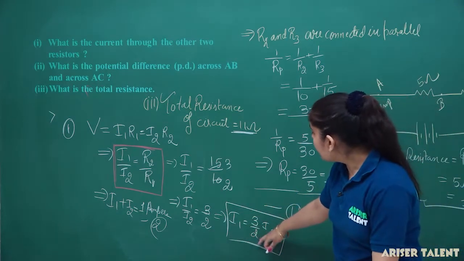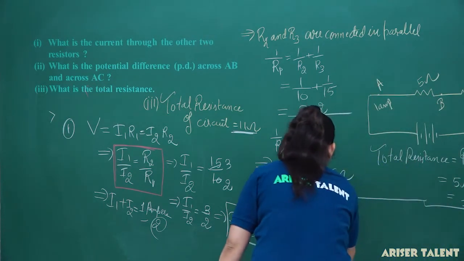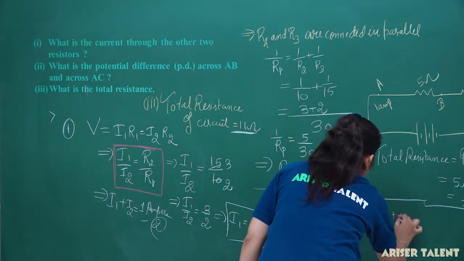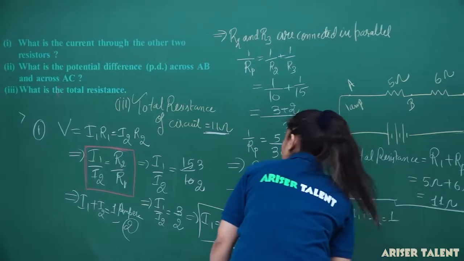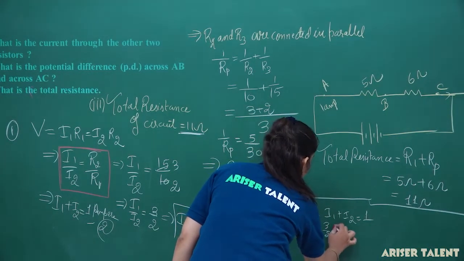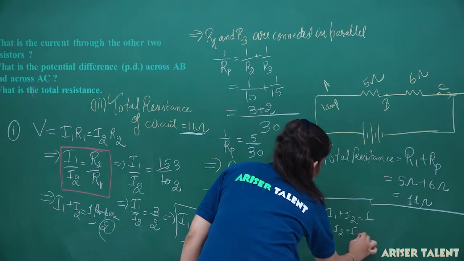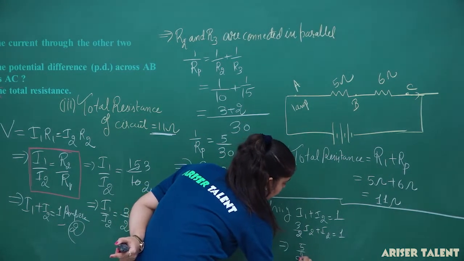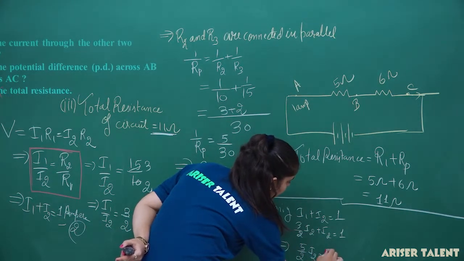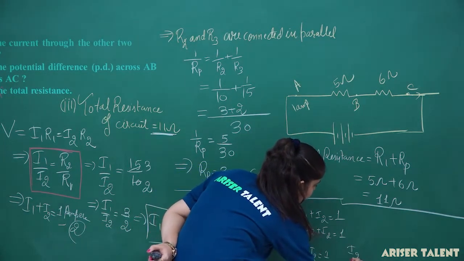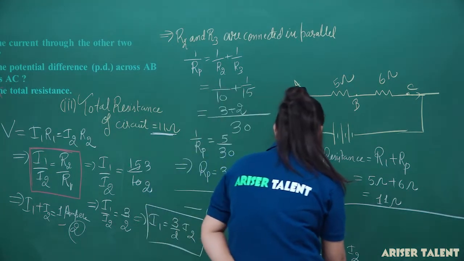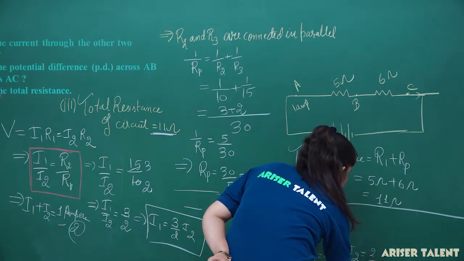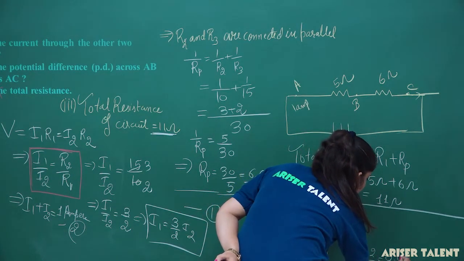So on solving both these equations, what are we getting? I1 plus I2 equal to 1 ampere, and the value of I1 is 3 upon 2 I2. It came out to be 5 upon 2 I2 equal to 1, and I2 will be equal to 2 upon 5, that is equal to 0.4 ampere.